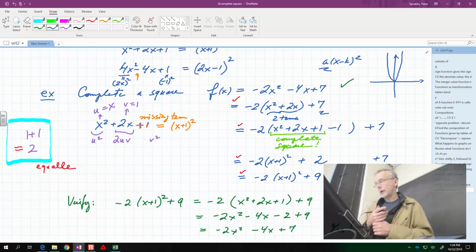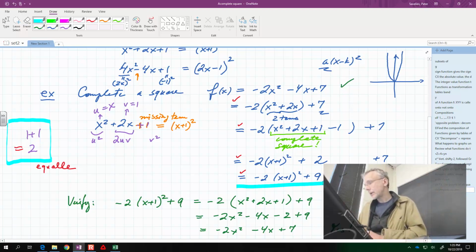So you have to steer yourself and transform the function into a form that provides you with that extra information. As you can see now, it is a discovery that we have made through this algebra. Without plotting, we know what that graph is.